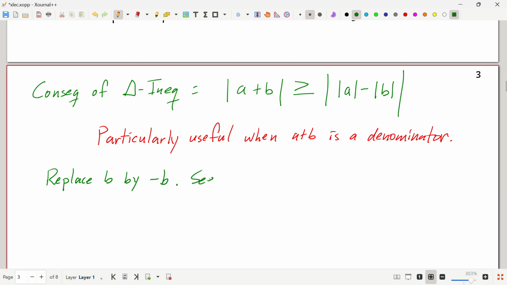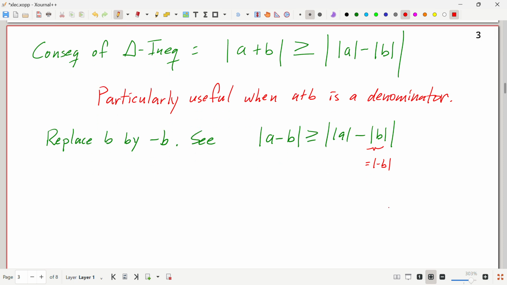When we do that, we see that the absolute value of A minus B is also greater than or equal to the absolute value of A minus the absolute value of minus B, which is the same as the absolute value of B. So that's another version of the same inequality.